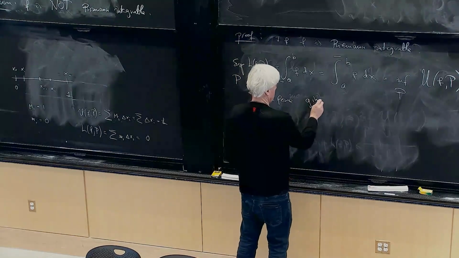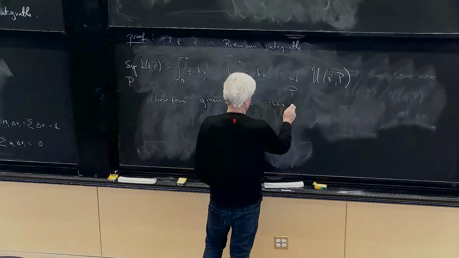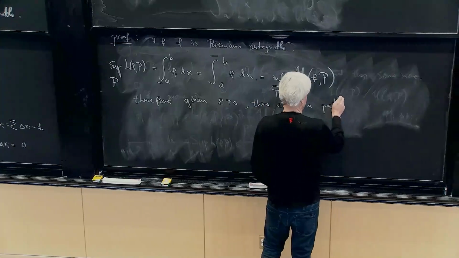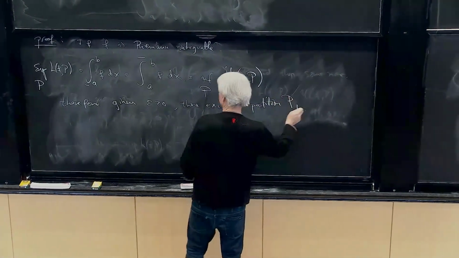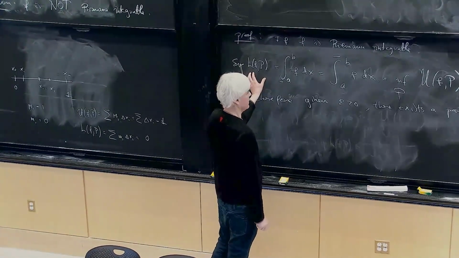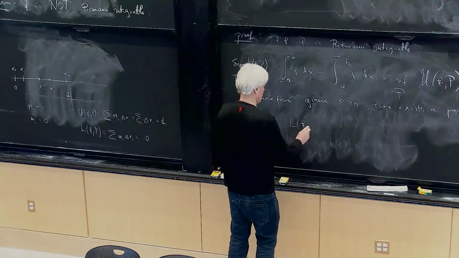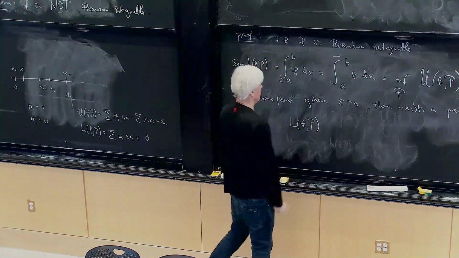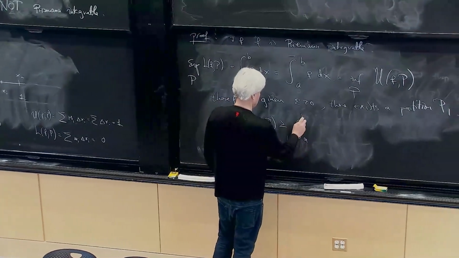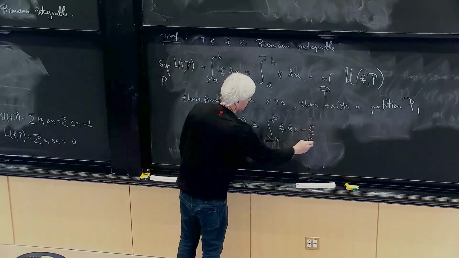And so, therefore, given epsilon greater than 0, there exists a partition P1, because this is a sup over all partitions, so it means that there exists a partition so that this lower sum here is bigger or equal to this here minus epsilon over 2, right?